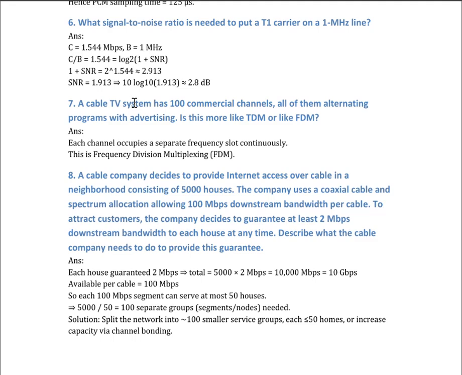Each and every channel occupies its own separate frequency slot continuously. Then all of them are combined with each other and we get a good output. So that's why we use frequency division multiplexing here.